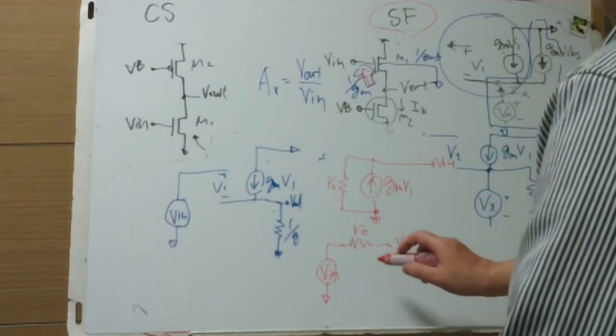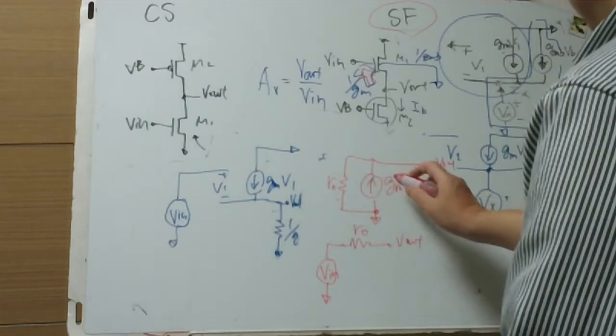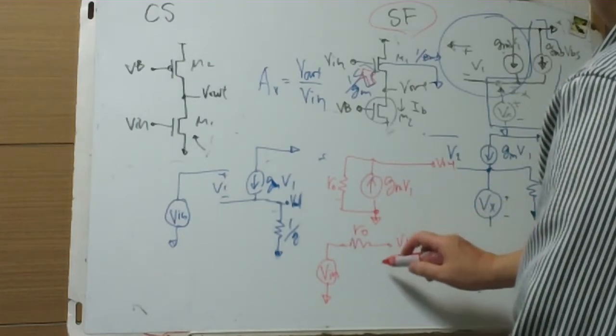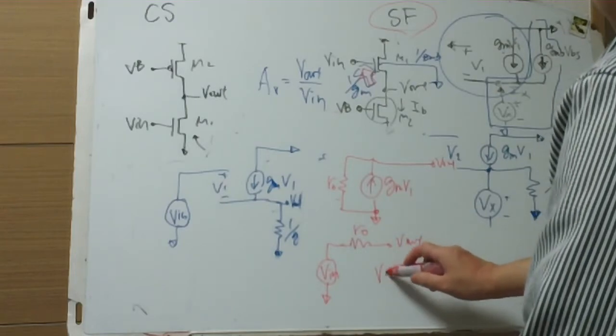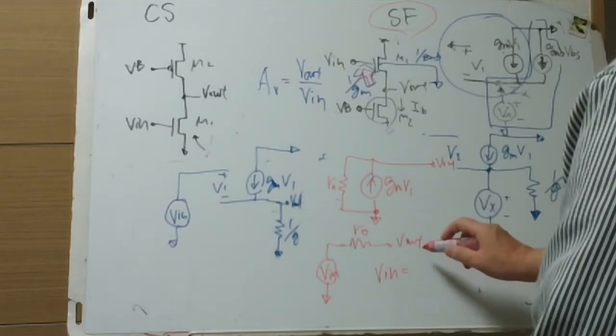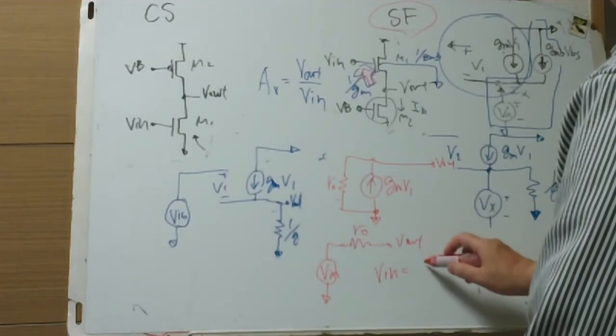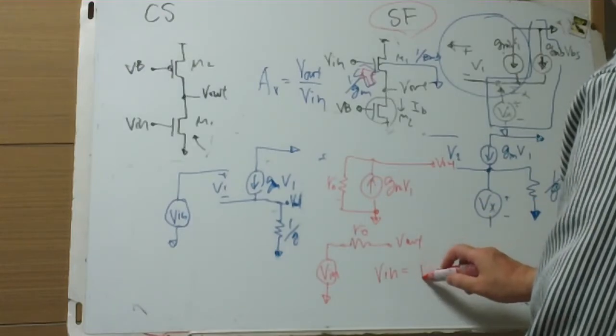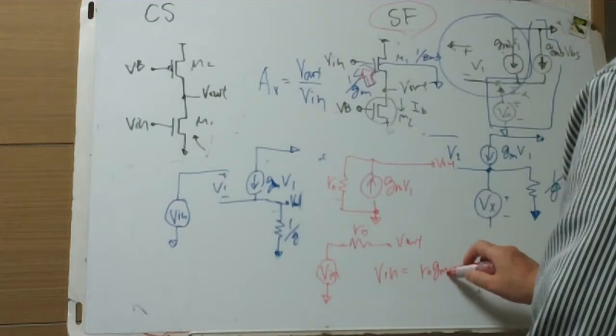And this is R1, this is this. V equals R Gm V1.